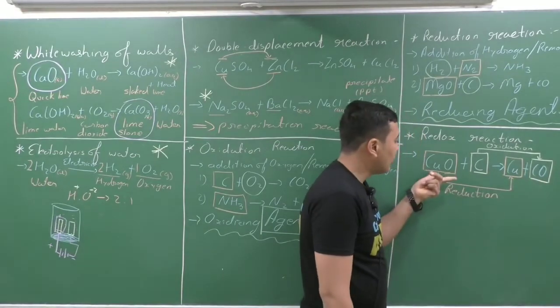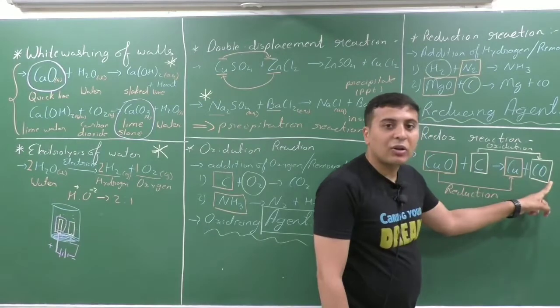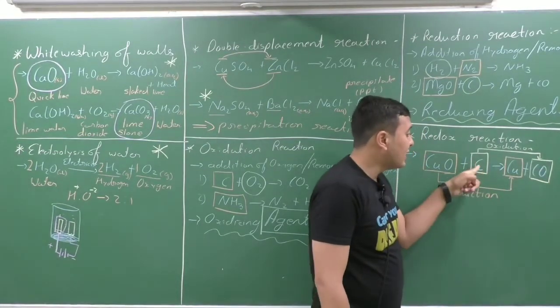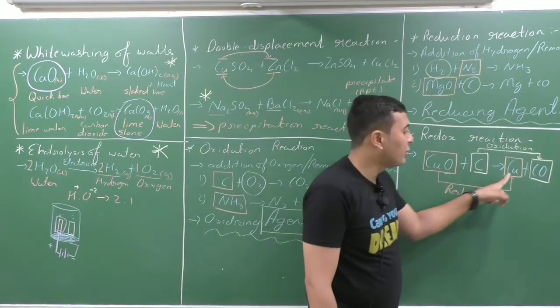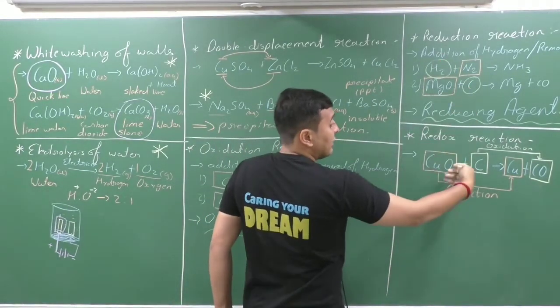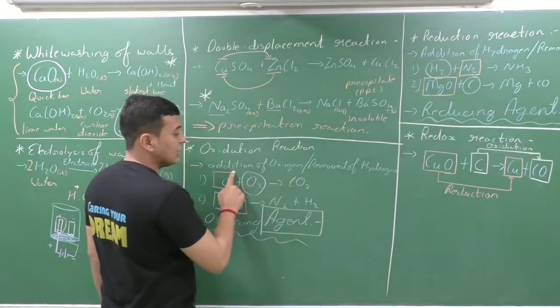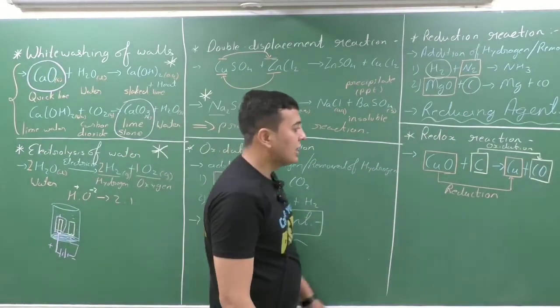Clear? So now one compound is getting reduced, but the other compound is getting oxidized, because oxygen is added into carbon, but oxygen is removed from the copper. The reaction in which oxygen is removed is known as reduction. The reaction in which oxygen is added is known as oxidation.